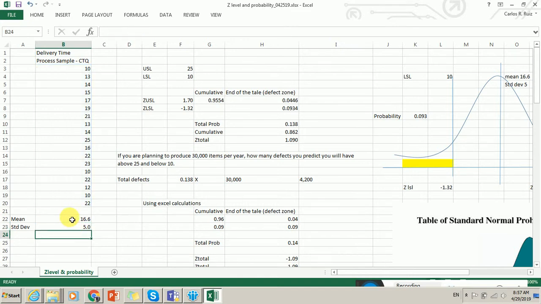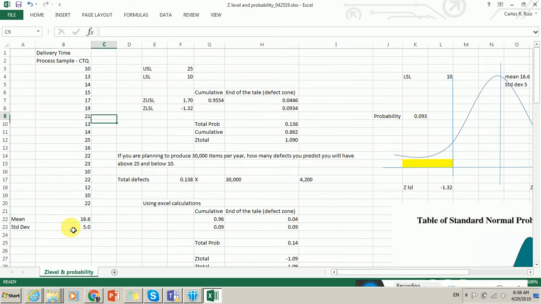Assume that we're representing this in number of days. On average, it takes us 16.6 days to deliver this, let's call it the report, and we have a standard deviation of 5 days on this particular process.